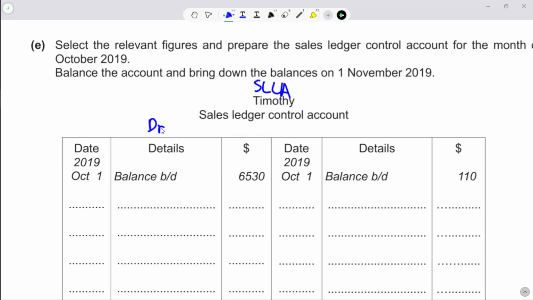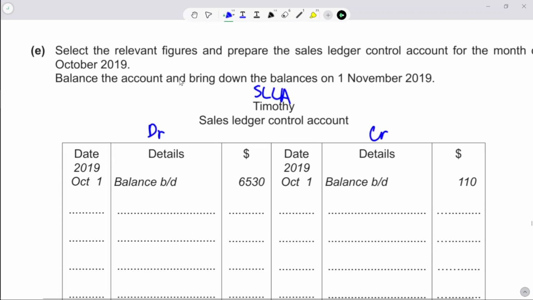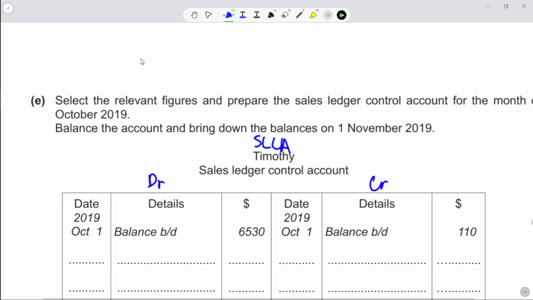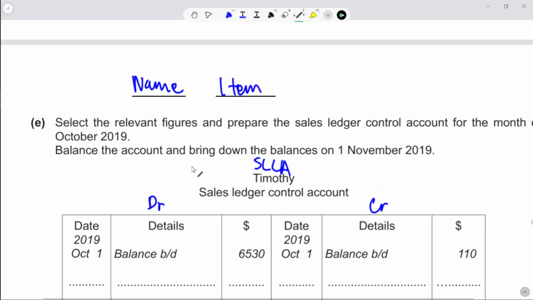So this one debit and this one credit. Also the same thing. So name an item 19. This one also 19. That all the same thing.